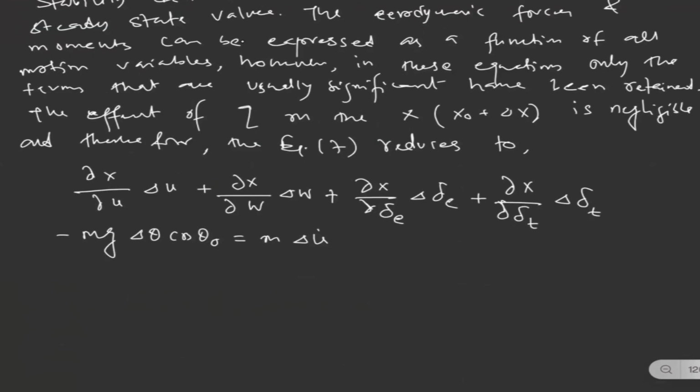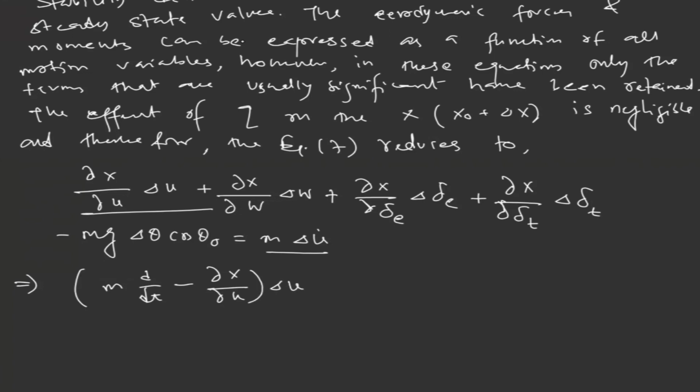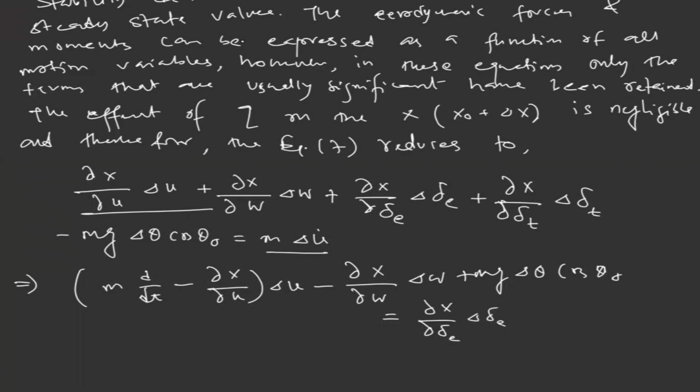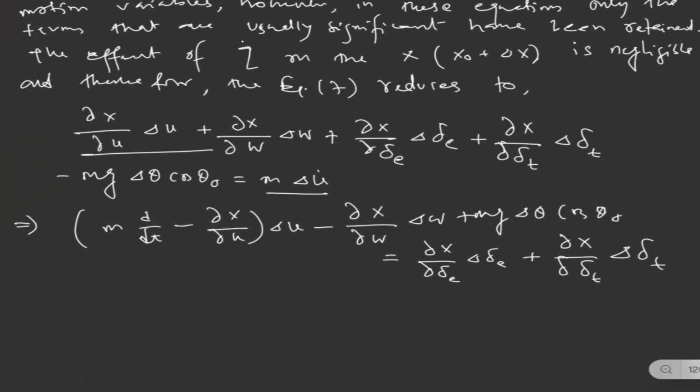And if you rearrange this expression, combining these terms, we can write m d/dt delta u minus del x del u delta u minus del x del w delta w plus mg delta theta cos theta naught equal to del x del delta e delta e plus del x del delta t delta delta t.